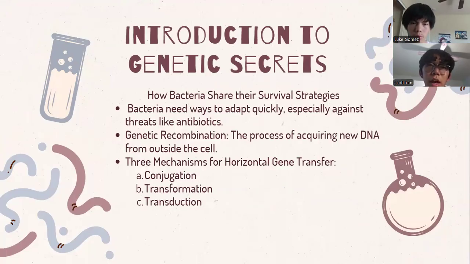Even though bacteria can reproduce asexually, these mechanisms allow them to trade DNA like tiny survival blueprints. This makes bacterial populations evolve much faster than other organisms. The three mechanisms for horizontal gene transfer are conjugation, transformation, and transduction, and we will be going over transduction.